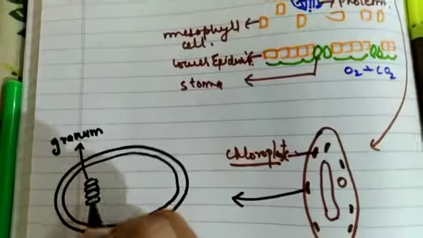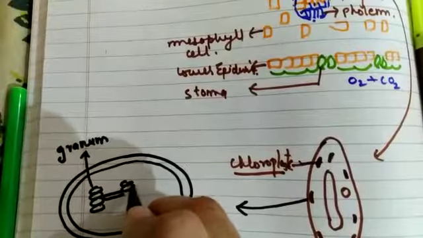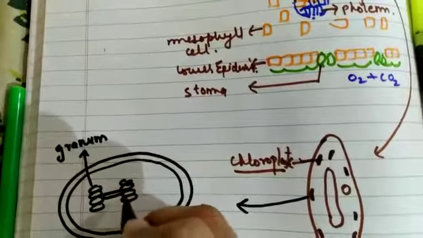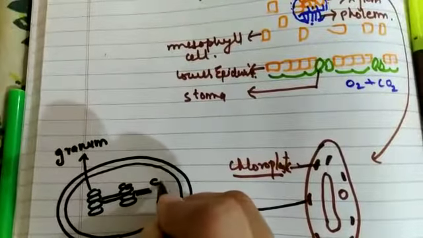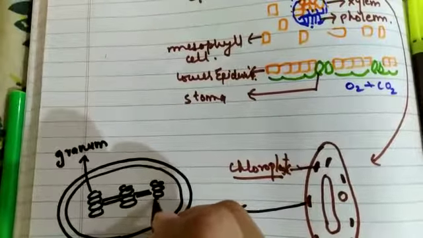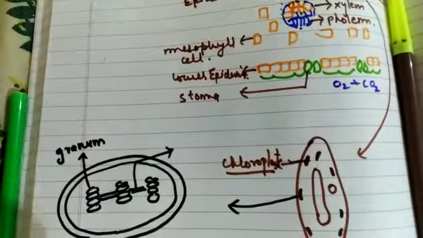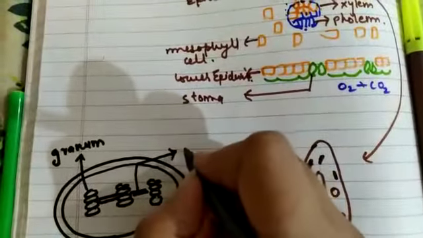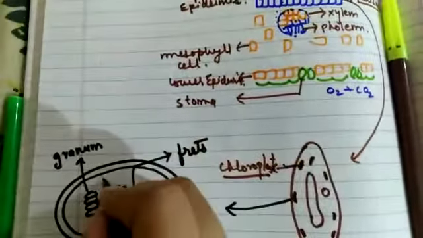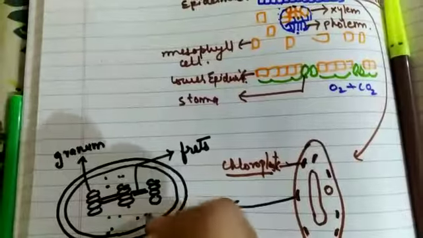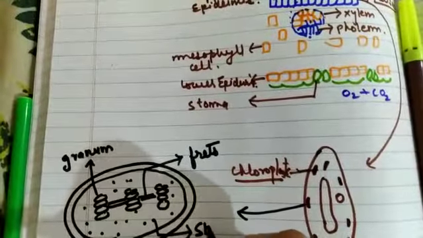This stack of granum is attached to another one, and like this it is again attached to another one. This connecting link between the grana is known as frets. There is a fluid-like structure in the chloroplast that is known as stroma.